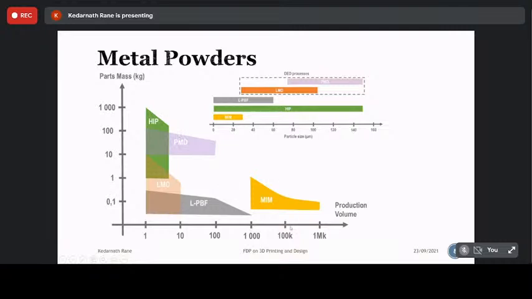So this is one of the drawbacks of this process, because it is not suitable for lower volume production.